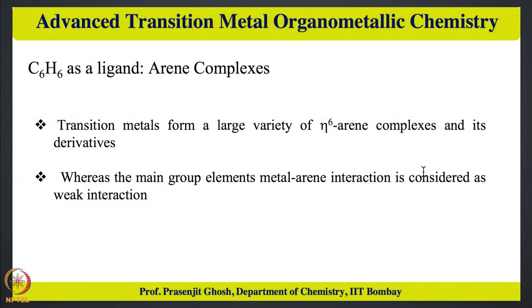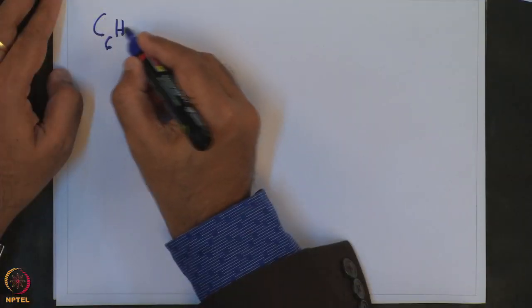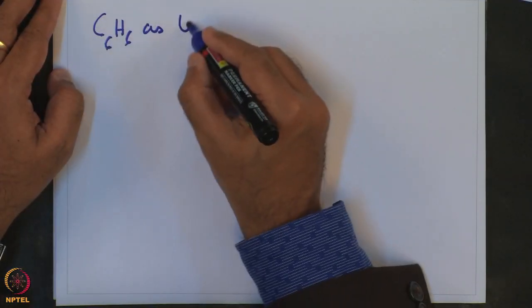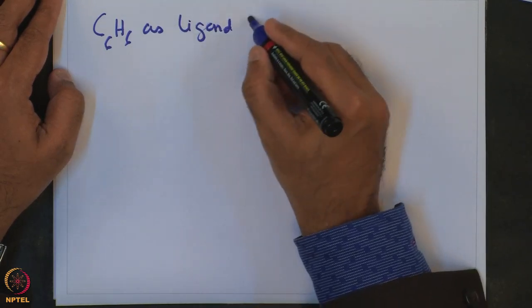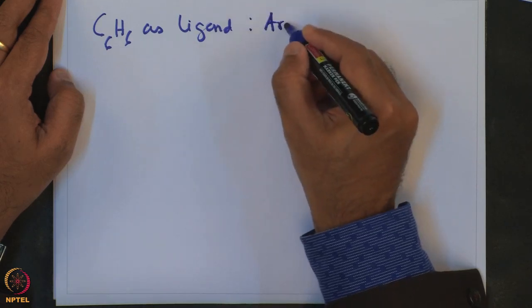From now on in this lecture we are going to be discussing arene complexes, and to start off we are going to look at the simplest of all, that is the benzene complexes of these transition metals. So, today we are going to be discussing C6H6 as ligands, and these are called arene complexes.